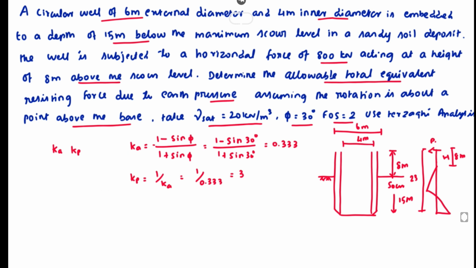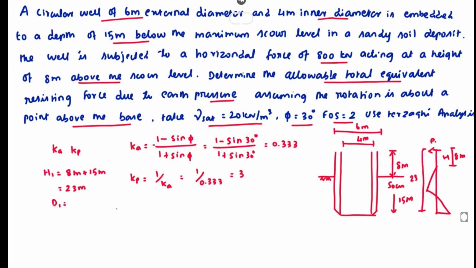Now we can find out the equivalent force. Before that we find the H1 value. H1 is 8 meter plus 15 meter, that is equal to 23 meter. Next we can find out the D1 value.